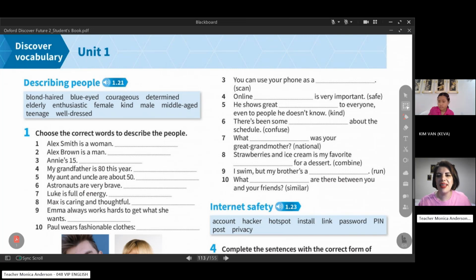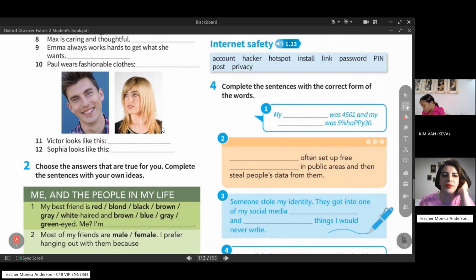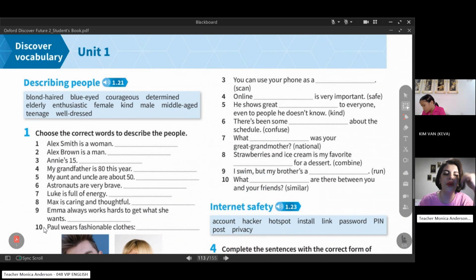Just think about it. This is why I cannot find that page. Page 112. So look, this one, 112, part 1. Oh, here.